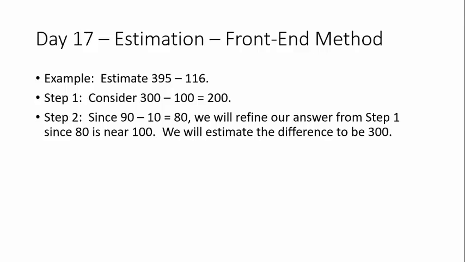I will consider that to be 90. After the 1 in 116, there's another 1. I'll consider that to be 10. 90 minus 10 is 80. Since 80 is close to 100, I will refine my answer. The estimate will be 300 because I'm adding 100 to the original estimate of 200.